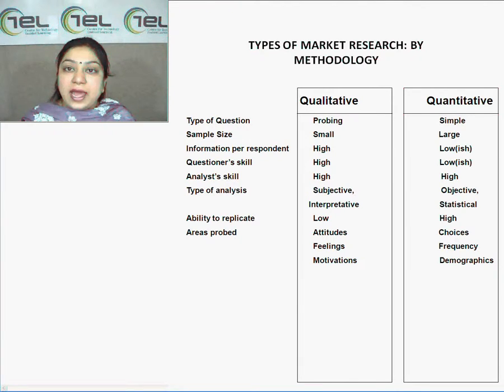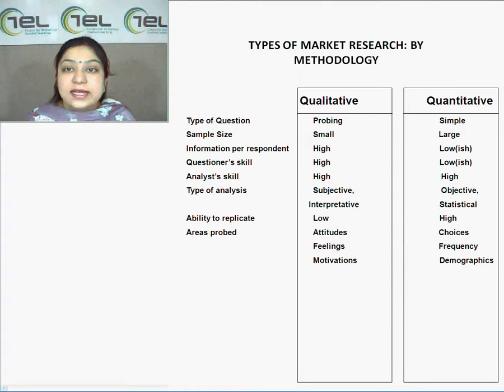The information per respondent under qualitative is high, and in quantitative it is very low. The skill required for questionnaires in the qualitative one is high again, and in the case of quantitative, it is low.